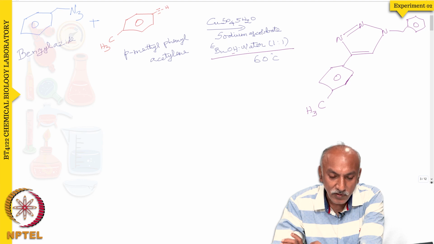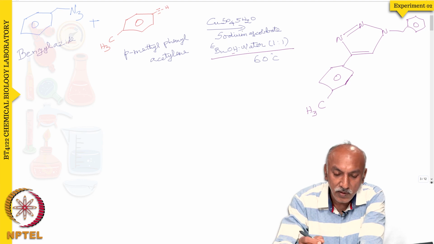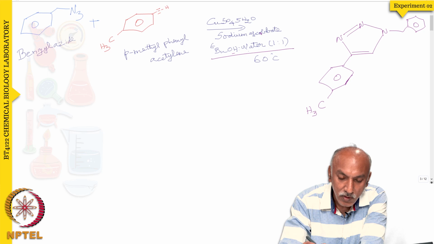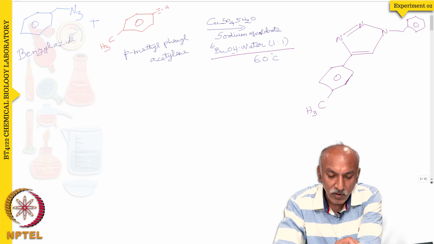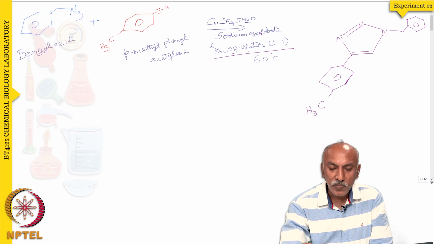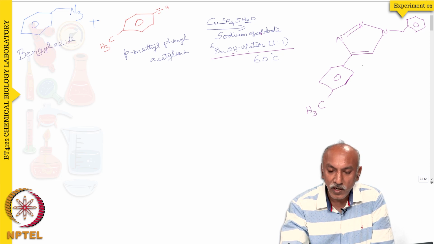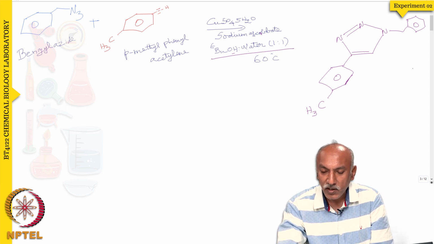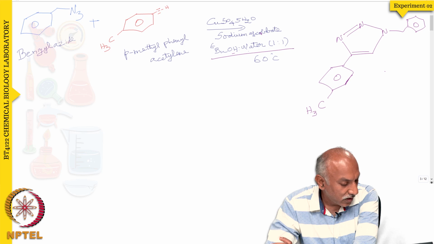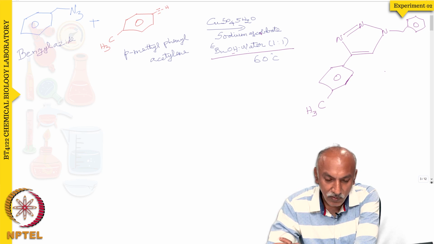Sodium ascorbate also improves the solubility. Temperature is little required to do the reaction. You will get this product as a colorless solid, and you will see that very easily.